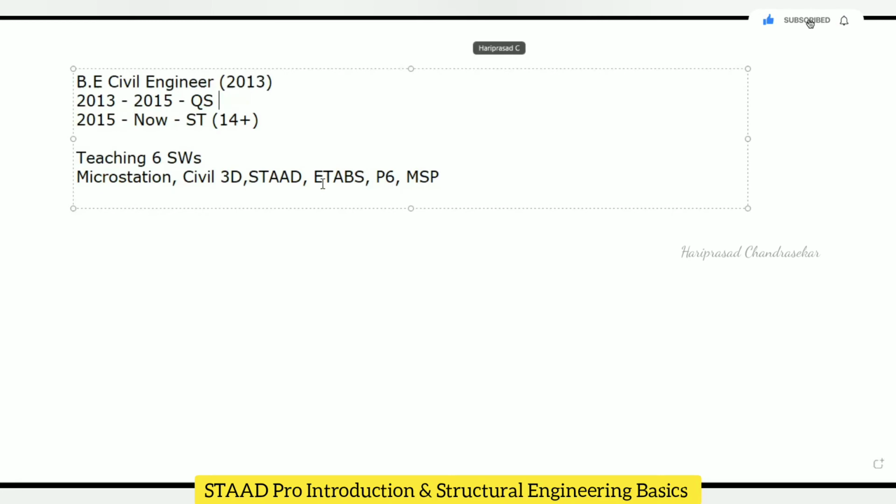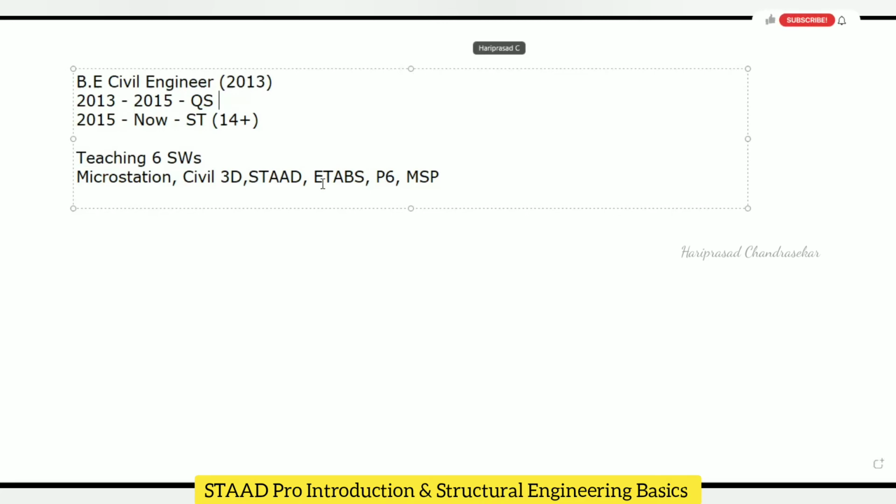Mainly here in Gulf countries, that too in UAE, most people are coming for P6 and MSP. Primavera and MS Project. MSP is similar to Excel, it looks like Excel, and it's very easy to learn, but with lots of tools in it.